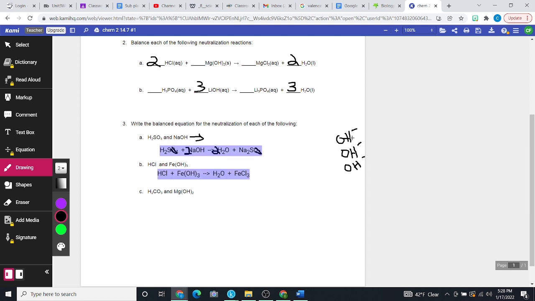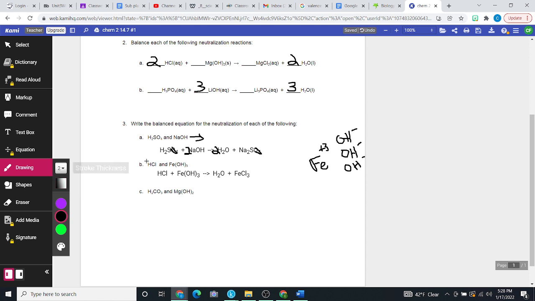So look at that. There's 1, 2, 3. That's a -3. I have a single Fe by itself. So if this is a -3, then this must be a +3, right? Because charges have to cancel out. So that's how I know that this is a +3 and this is a -1.